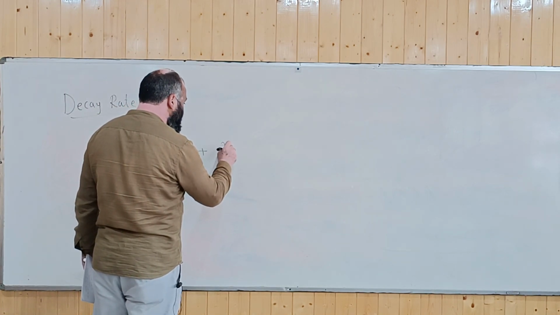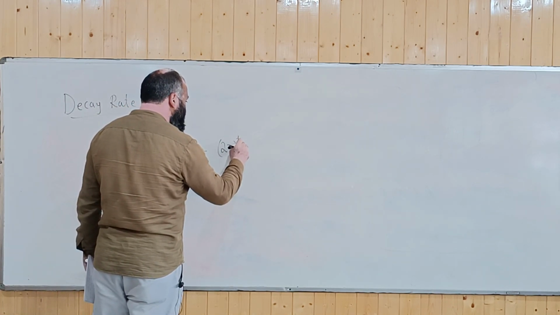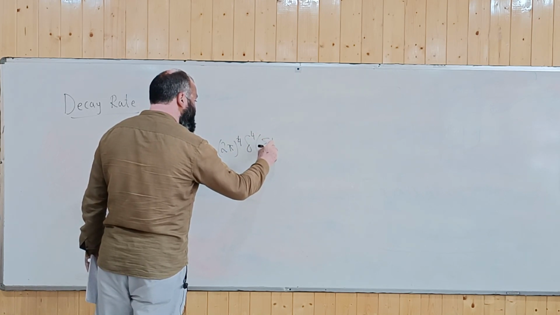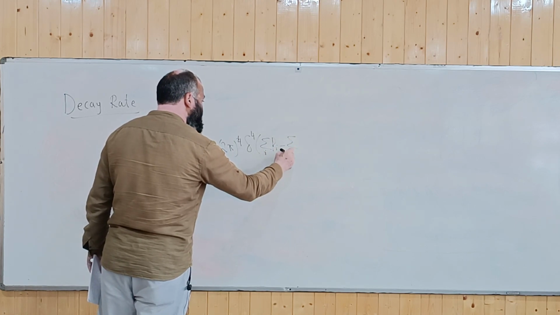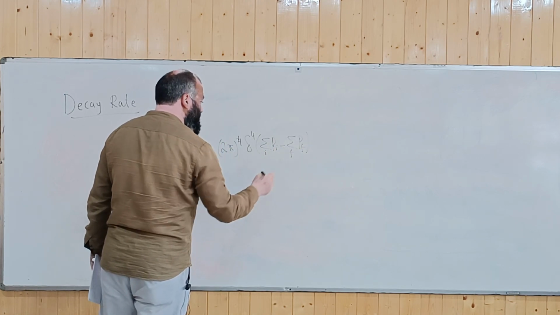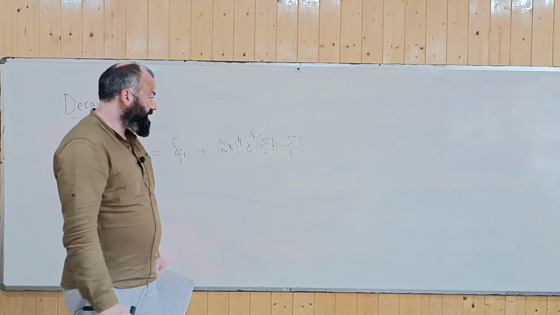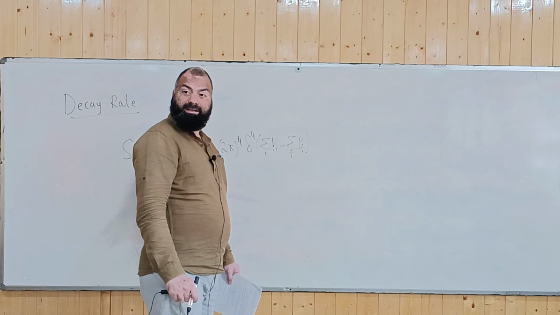Then you have this kind of thing: 2 pi raised to the power 4, delta 4, the overall conservation of the total momentum, where I means initial and F means final. So this was our overall conservation.